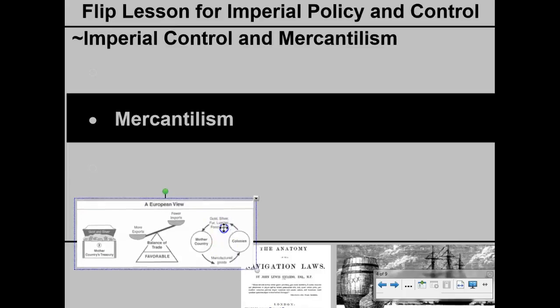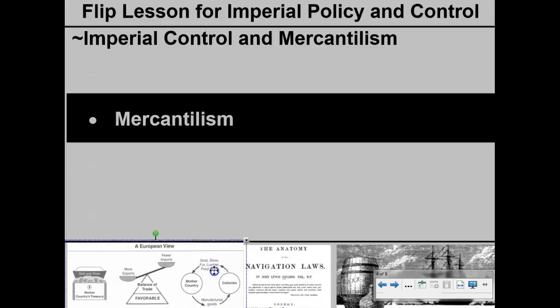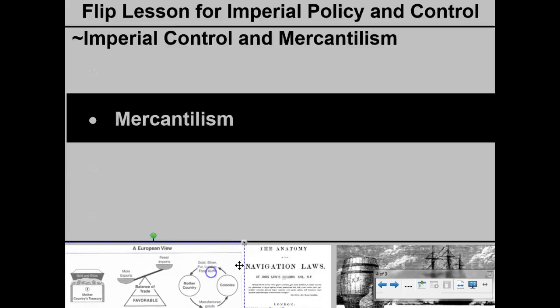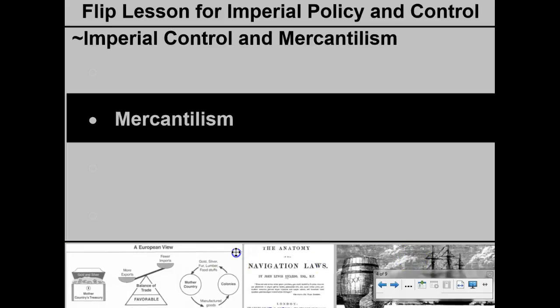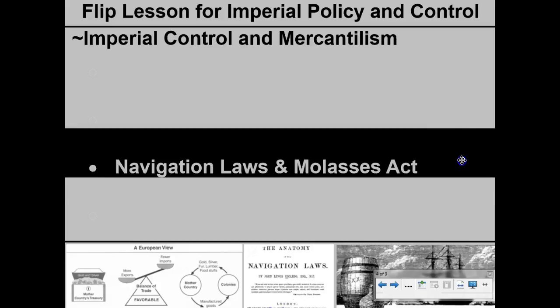Now at different times, sometimes the English really enforced mercantilism, other times they didn't, and we'll talk about that more in a little bit, but the general idea is that in mercantilism, the colonies are there to be exploited and used by the mother country, so this is going to cause tension and resentment because the colonists are going to feel held back. So they're going to try to get around this, especially since they had more goods than the English could buy.